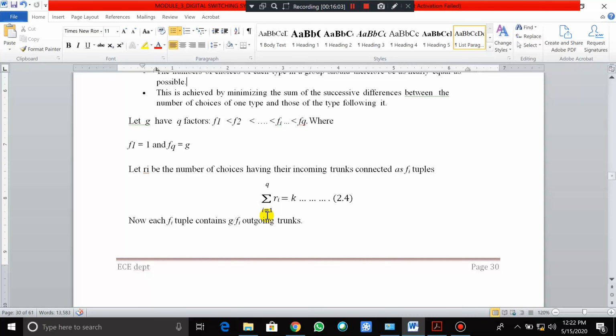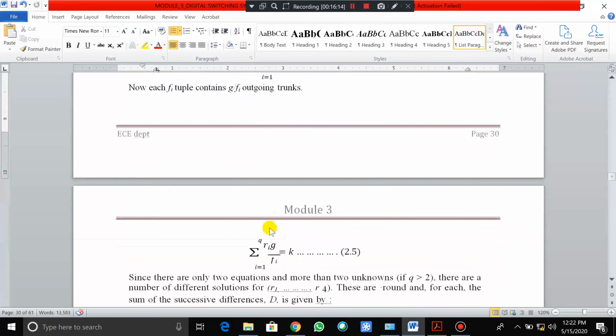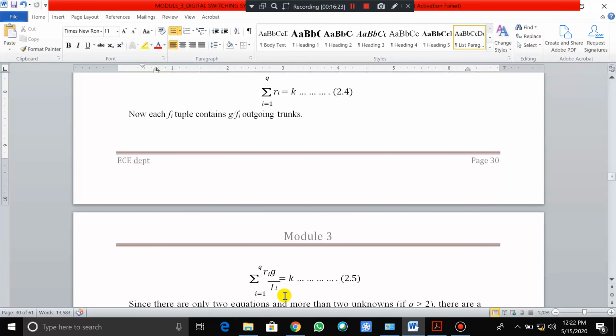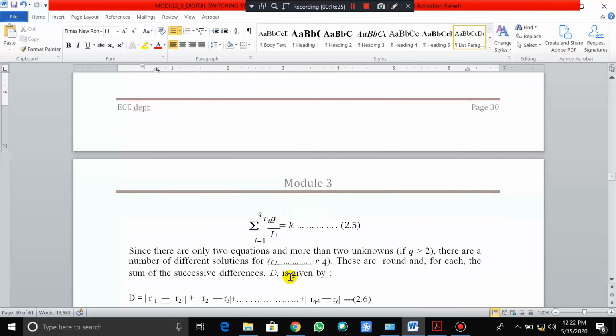Therefore, the summation of R of I, as I varies from 1 to Q, is equal to K. Now, if an F of I tuple contains G divided by F of I outgoing trunks, then the summation of R of I into G divided by F of I, as I varies from 1 to Q, is equal to N.